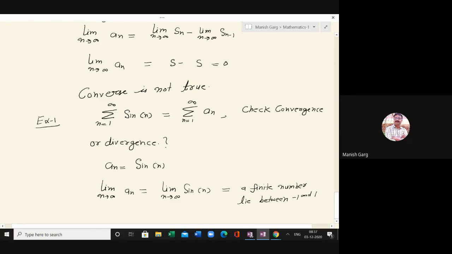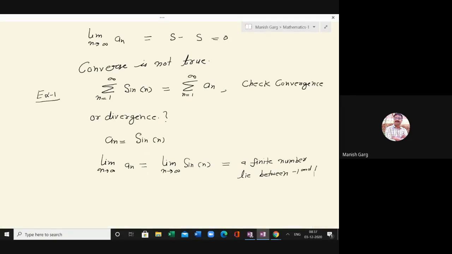It is an oscillatory value. So if it is not 0, you can say the limit as n tends to infinity of an is not equal to 0.